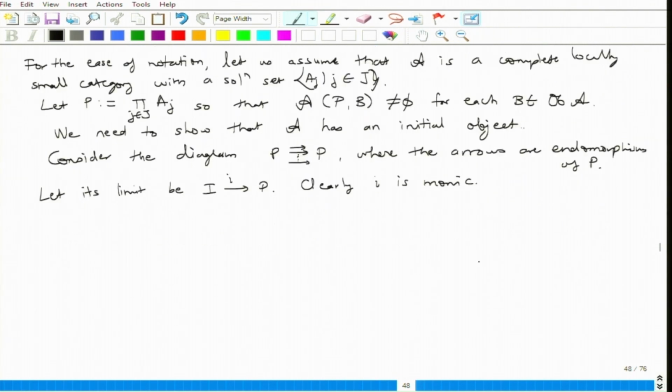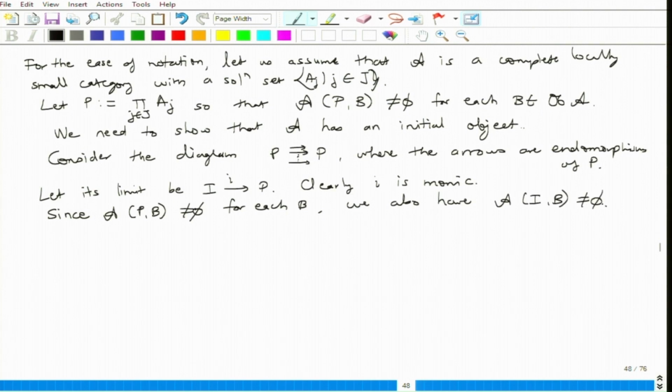Okay, now we have to use this, that this is monic. Since the hom set from P to B is non-empty for each B, we also have the hom set from I to B is non-empty for each B. Do you agree?